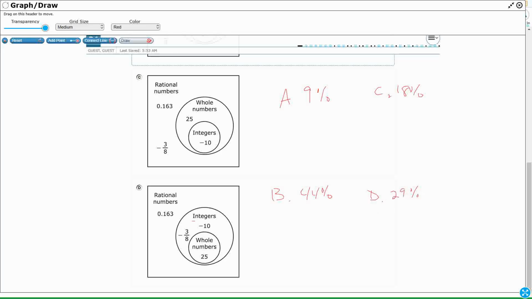So D at least had the correct relationship between rational numbers, integers, and whole numbers. The problem was that negative 3/8 needed to be put out there. This was difficult, 12th hardest. And it might have been hard because of the scrolling, going back and forth, and really just, we had to obviously know the relationship between integers, whole numbers, and rational numbers.